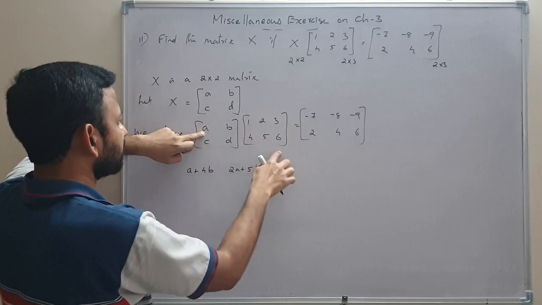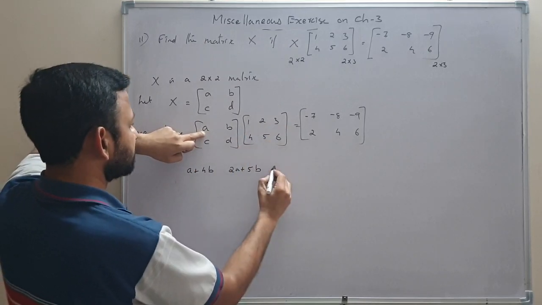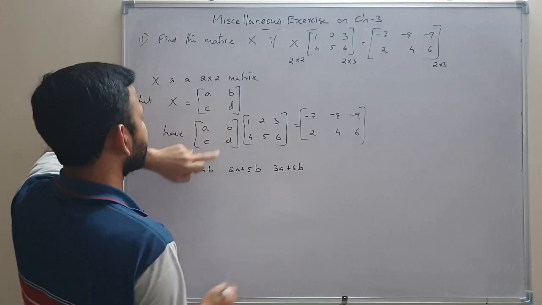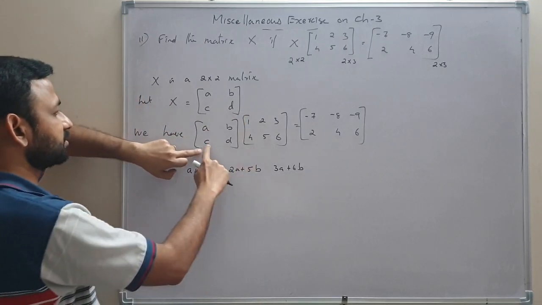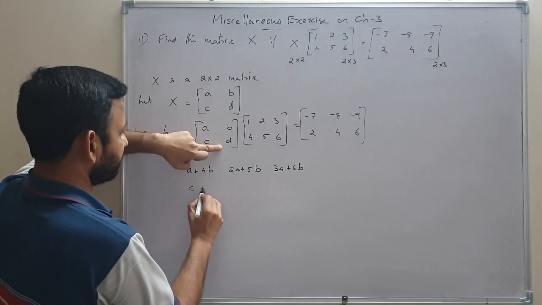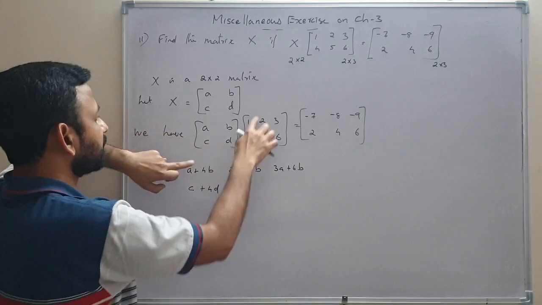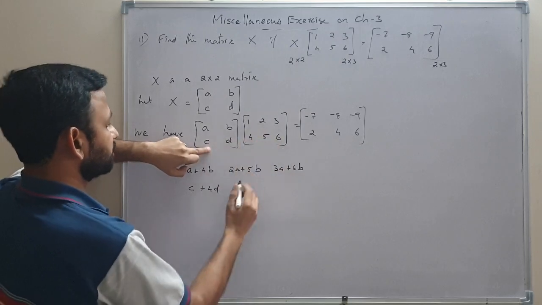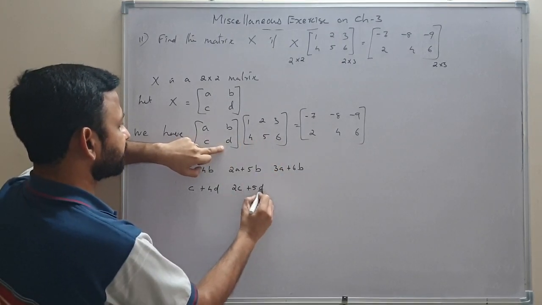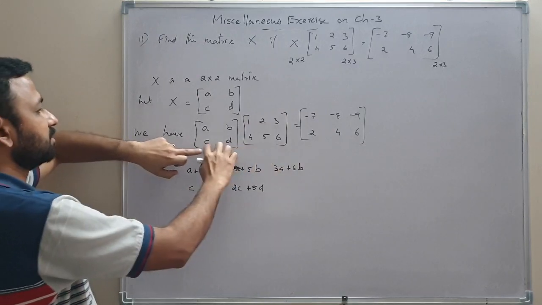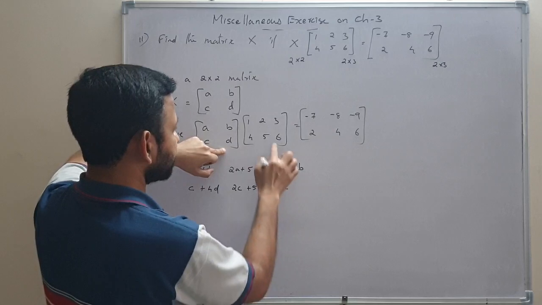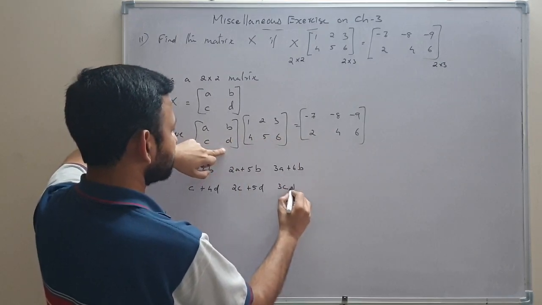Then first row into third column, a into 3, 3a plus b into 6, plus 6b. Then second row into first column, c into 1, c plus d into 4, 4d. Second row into second column, c into 2, that is 2c plus 5d. Second row into third column, c into 3, that is 3c plus 6d.